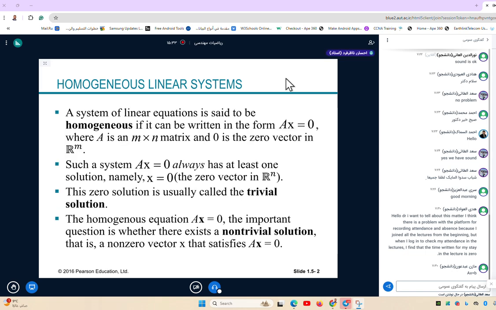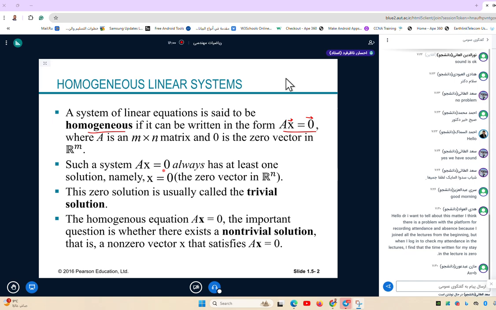Yesterday we talked about homogeneous systems. I try to go very quickly because yesterday we went through slide number 6. A homogeneous system can be written as Ax = 0. Remember that x and 0 are vectors and A is a matrix.